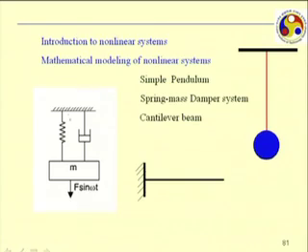In this spring mass damper system, we have assumed the spring to be linear. Assuming the spring to be linear means that if you apply a force F to the spring, the force and displacement curve is linear. If one plots force of the spring versus displacement, the curve is like this.